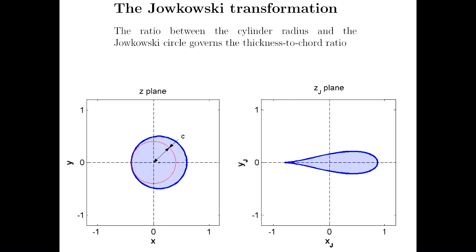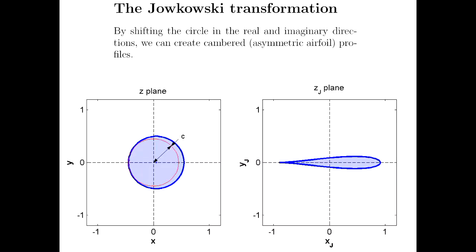And if I change the radius of my cylinder, you can see that the ratio between the cylinder radius and the Joukowski circle governs the thickness to chord ratio of our airfoil.